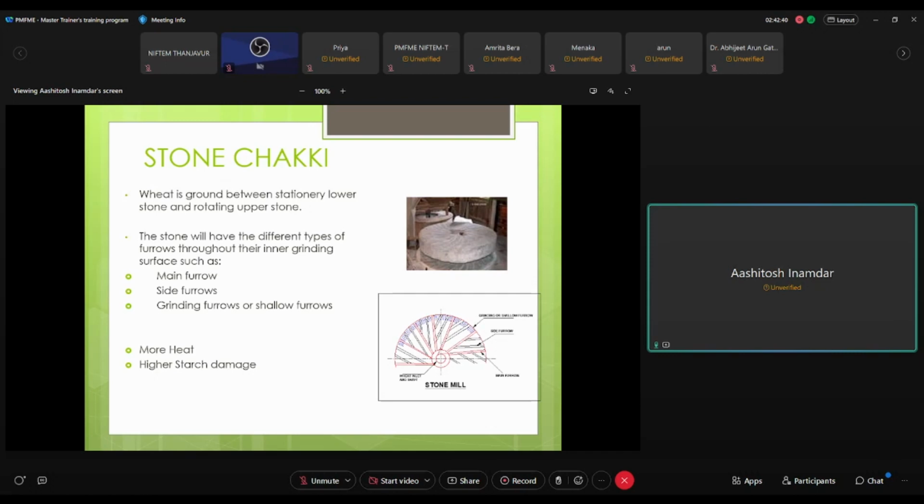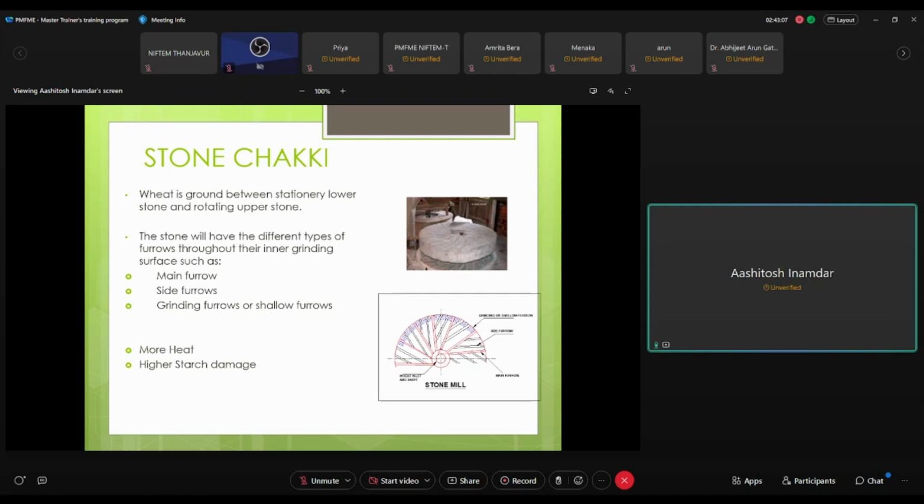It is related to the grinding forces acting and the higher pressure because of the more time the material is in there. The damaged starch we get in chakki atta is around 16 to 18%. So it will absorb more moisture, and your chapatis will stay softer for a longer period of time. This is the overall thing of stone chakki.